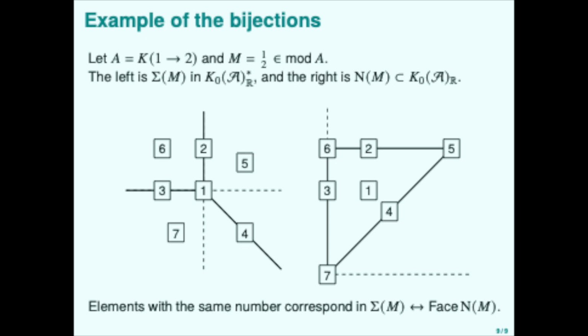We use the same setting as the previous example, and as you saw, the left one is sigma M, which has 7 elements, and the right one is the Newton polytope of M. N M has exactly 7 non-empty faces, and the numbers show the correspondence between sigma M and the faces of N M. So these bijections are order reversing and convert dimensions to codimensions. Thank you very much.